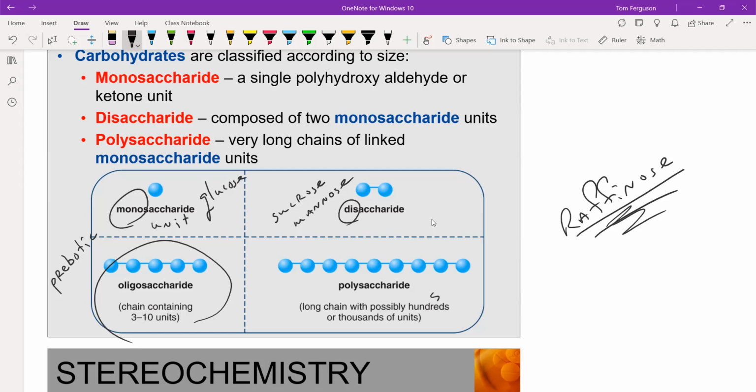Polysaccharide: starch, amylopectin, cellulose. You'll be noting the structures of those as well. So those are some examples of the 4 classes that make up carbohydrates.